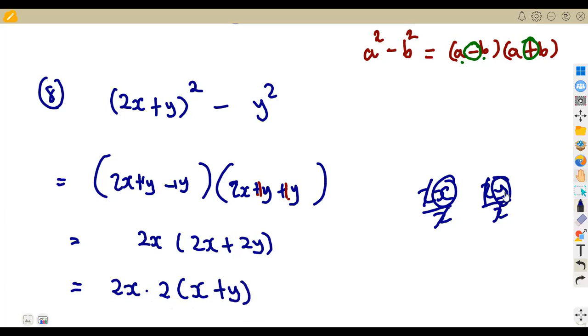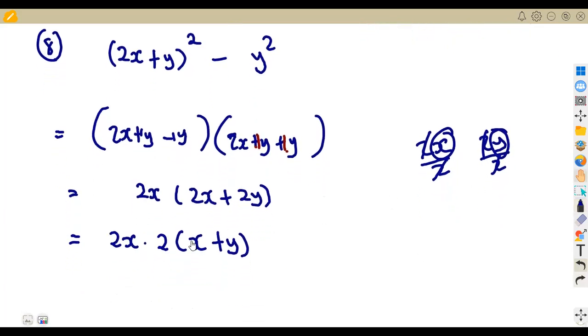So the 2 that we factored out in this case, it is now multiplying the term that is already out of the bracket, which is the 2x. So you can multiply that 2 times 2x, which is going to give us 4x into the bracket of x plus y like that.